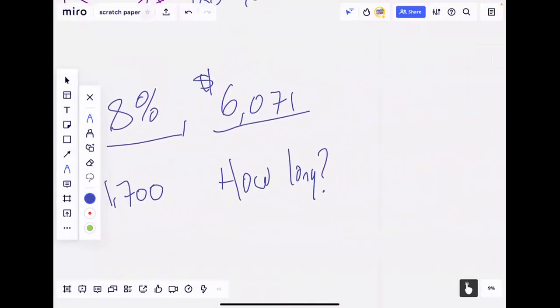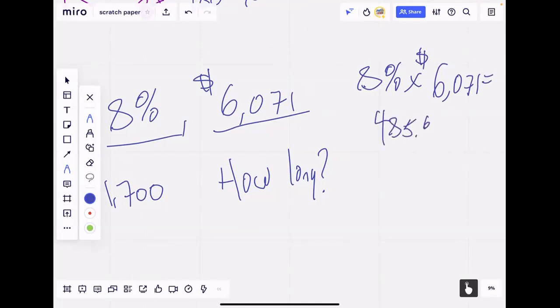Now, if you do 8% times 6,071, what would you get? Hold on, I have to do it on my calculator. 485.68. Yeah, so you get 485.68.